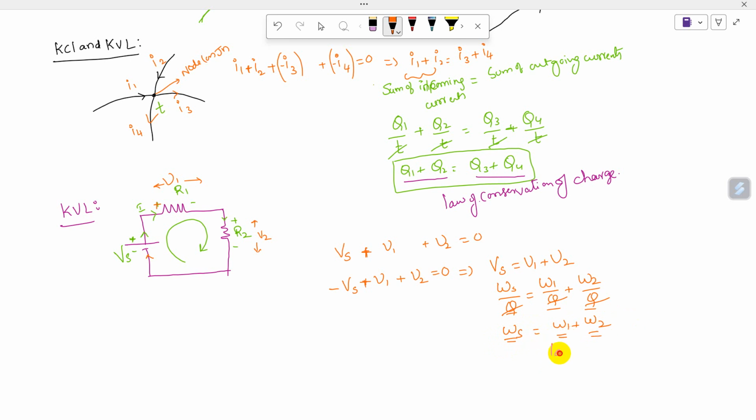So this is called law of conservation of energy, because here the total energy is converted into two energies. There is no destroying of energy, there is no creation of energy. So my KVL is the law of conservation of energy.